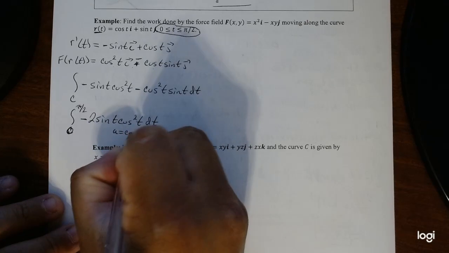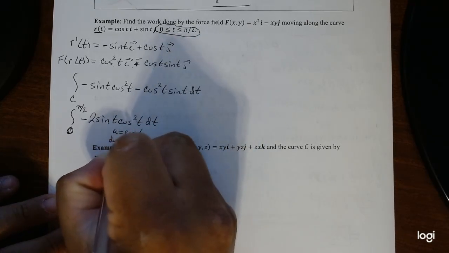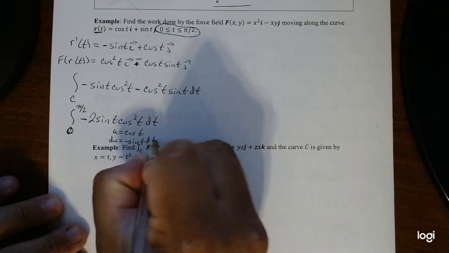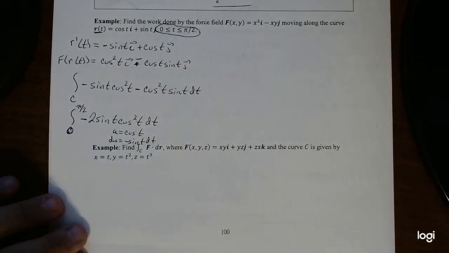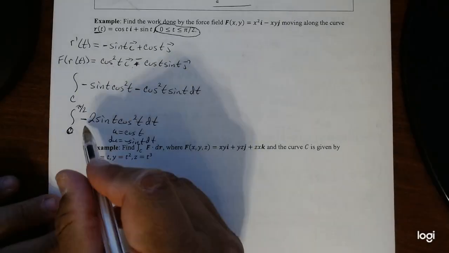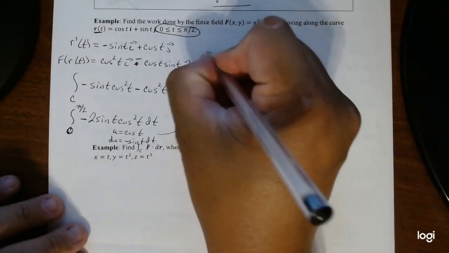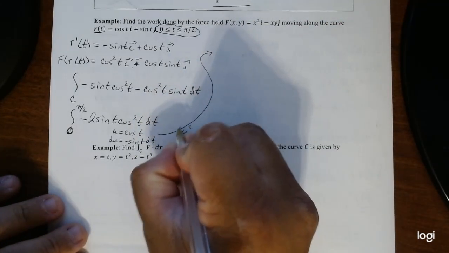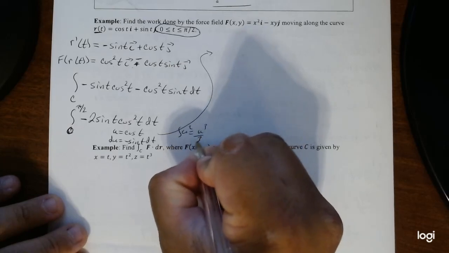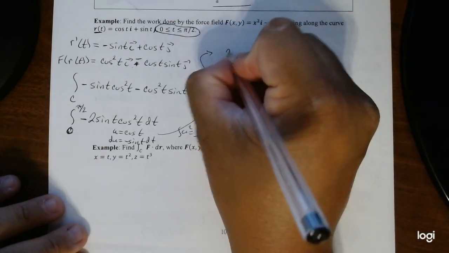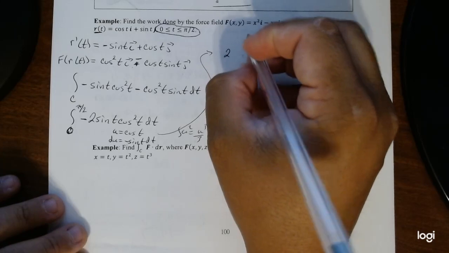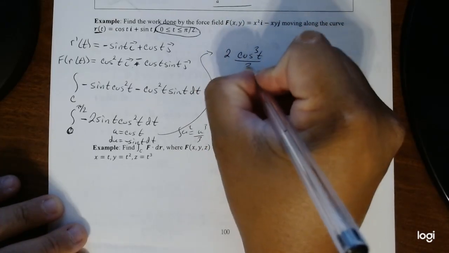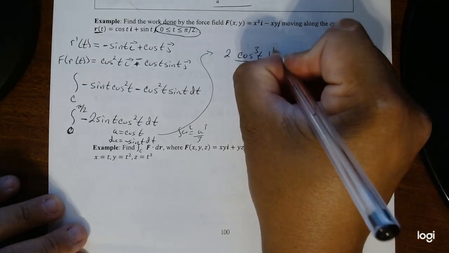Let u equal cosine t, so then du is just equal to negative sine t dt. So divide over the negative, so negative, negative, make it positive. So this ends up being the integral of u squared, so just u to the third over 3. So this ends up being positive 2 on the outside, and we have cosine cubed of t over 3 evaluated at 0 and pi over 2.